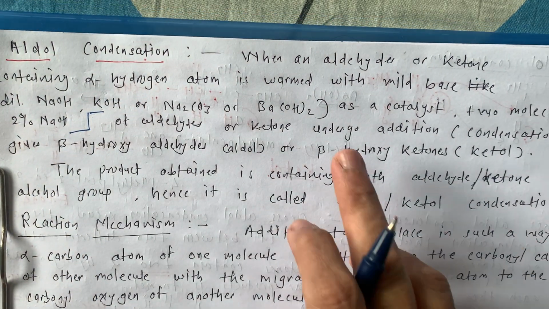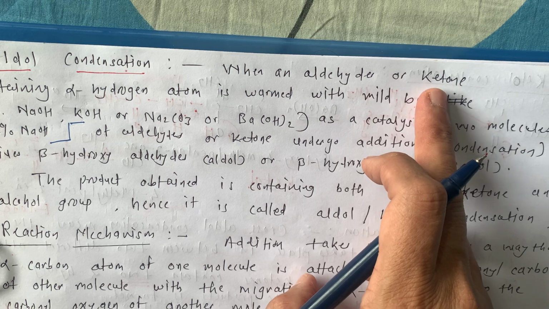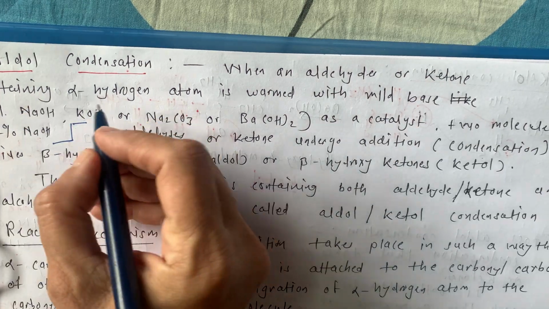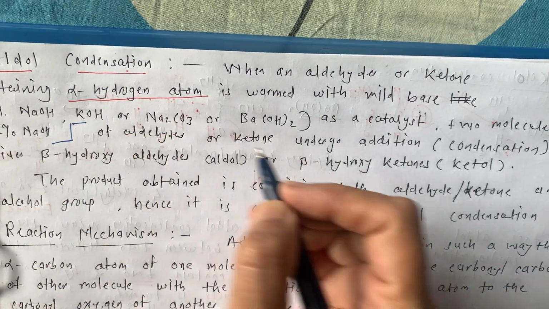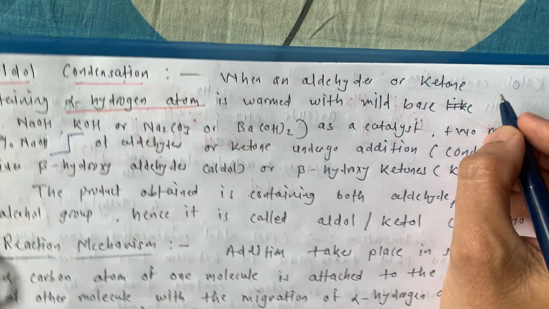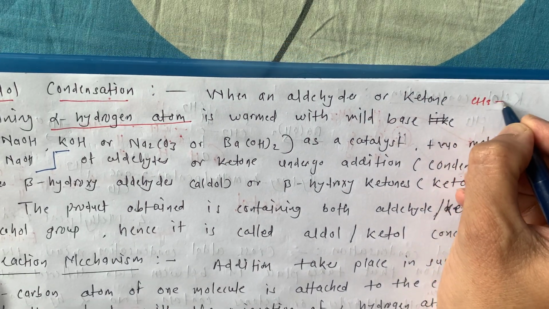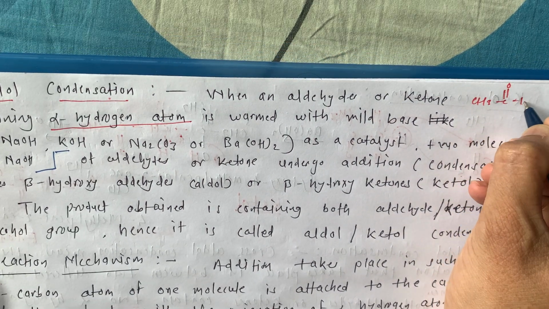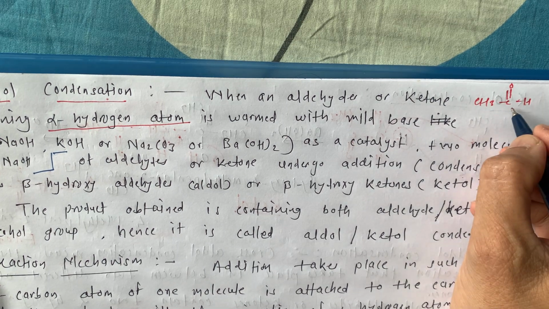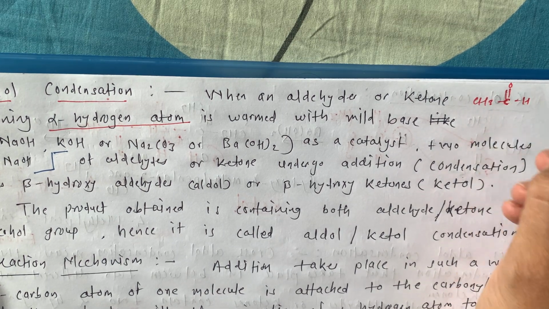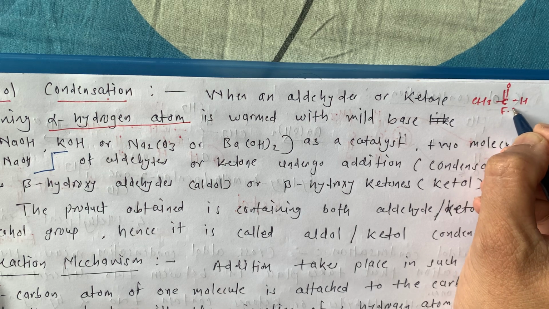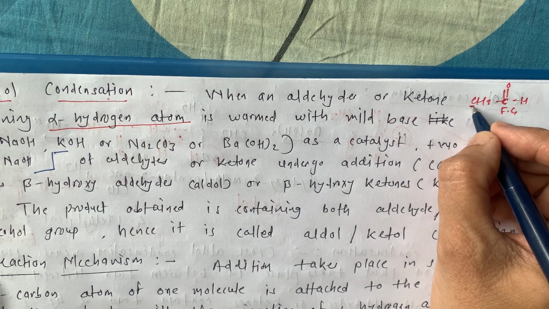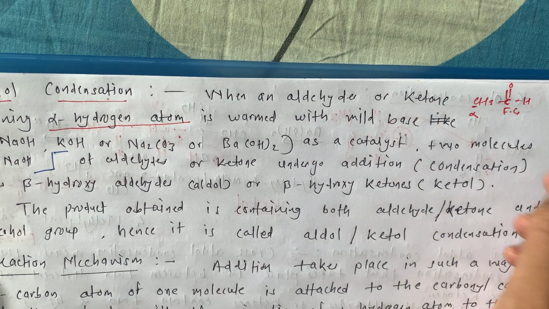When an aldehyde or ketone contains an alpha hydrogen atom. Now what is an alpha hydrogen atom? See here, this is our CH3 C double bond O H, acetaldehyde. This is our functional group. Next to this functional group, which carbon is there? This is known as the alpha carbon.